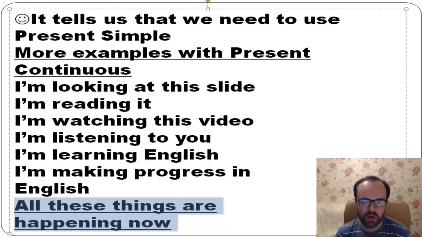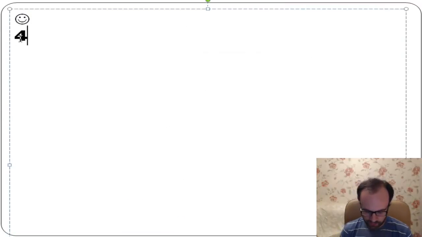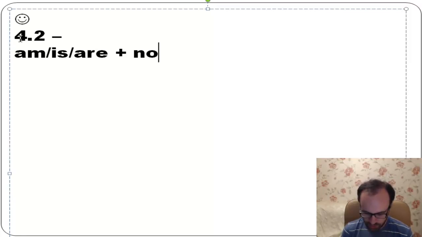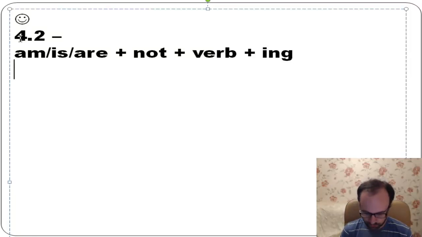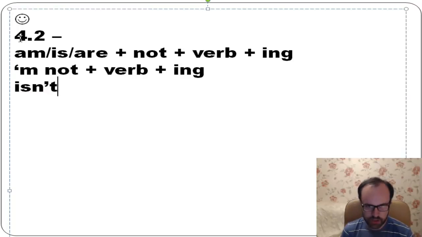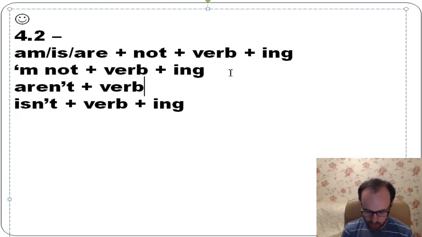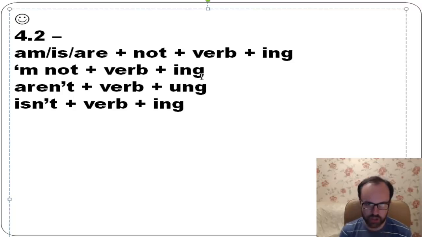Good. So how to form a negative form? It's very easy. Am, is, are plus not plus verb plus ing, or am not plus verb plus ing, isn't plus verb plus ing, and aren't plus verb plus ing.